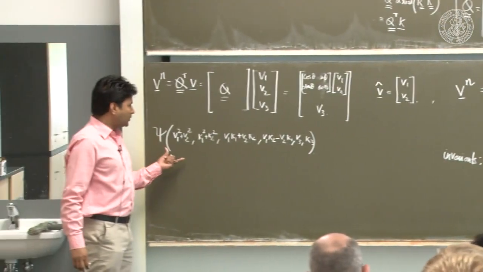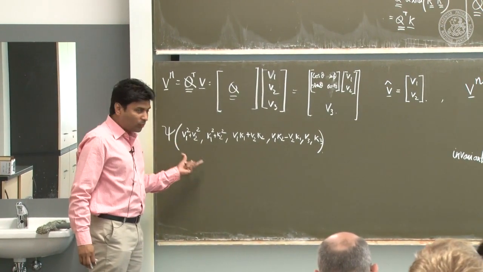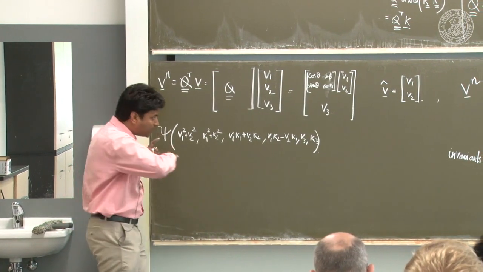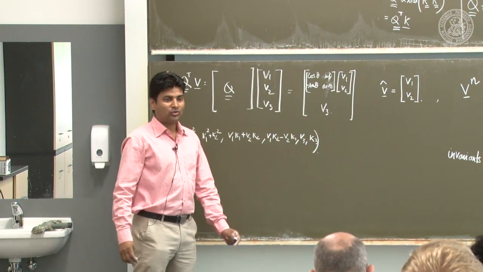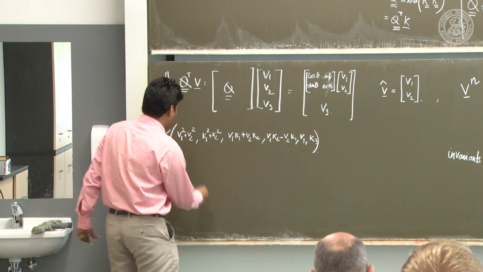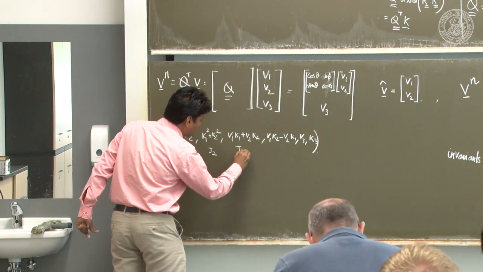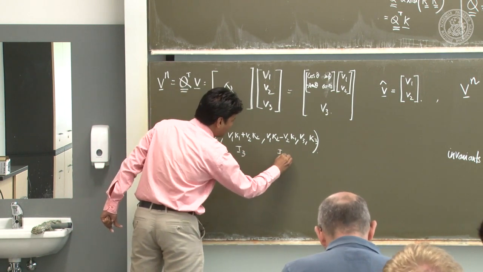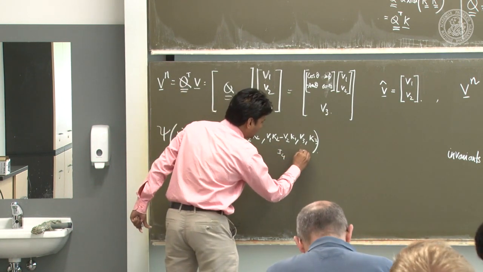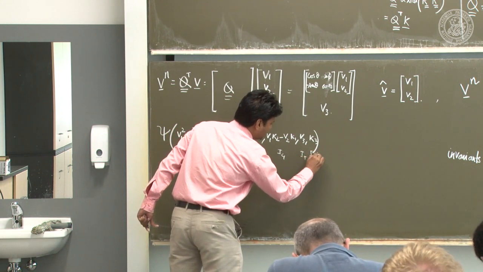So once we have this, what more can we do if you want to get the expression of the energy? What should we do then? So call this I1, call this I2, call this I3, call this I4, call this I5, and call this I6.